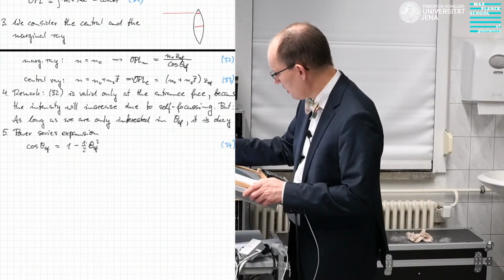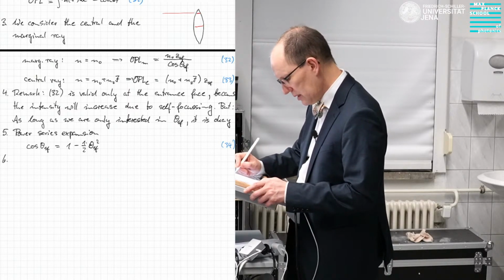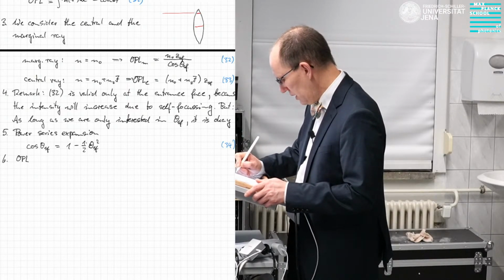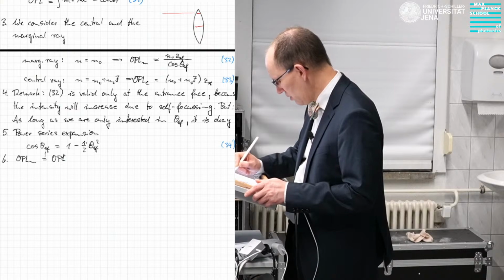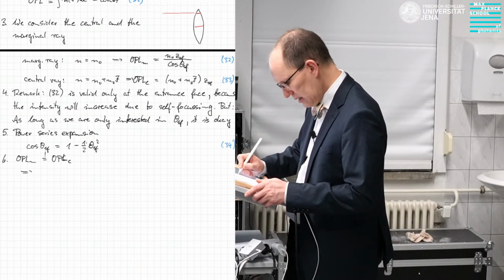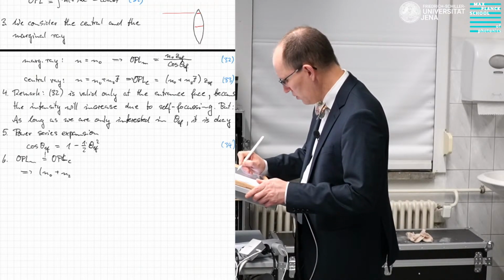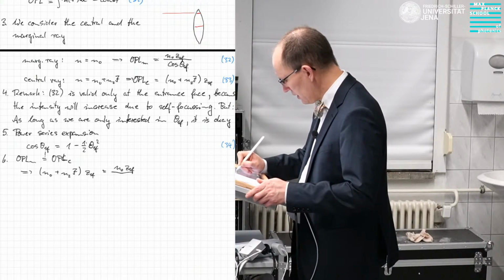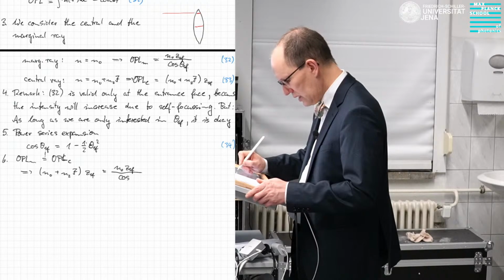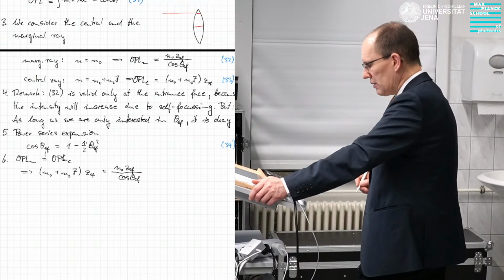And now we really do what I announced several times: we equate the optical path lengths of marginal and central ray, and then we get that n0 plus n2 times the intensity times the self-focusing distance is equal to n0 times the self-focusing distance divided by the cosine of theta SF, where I would insert equation 34.